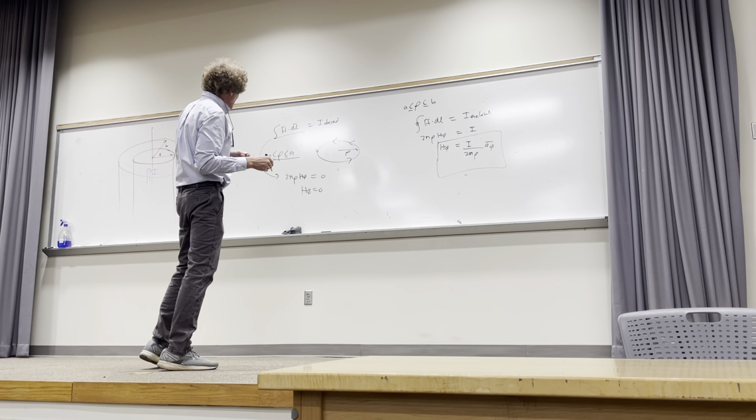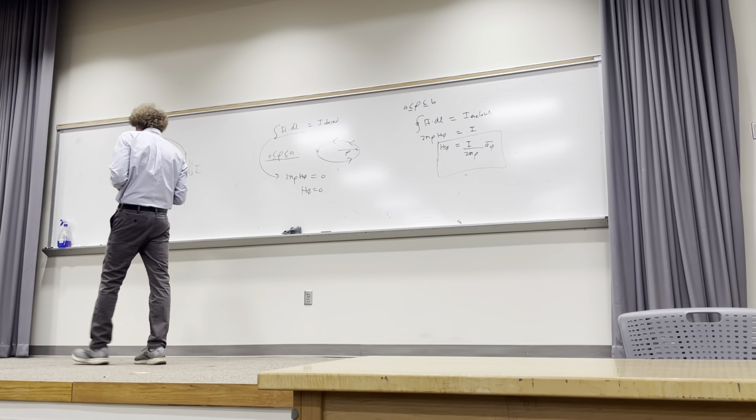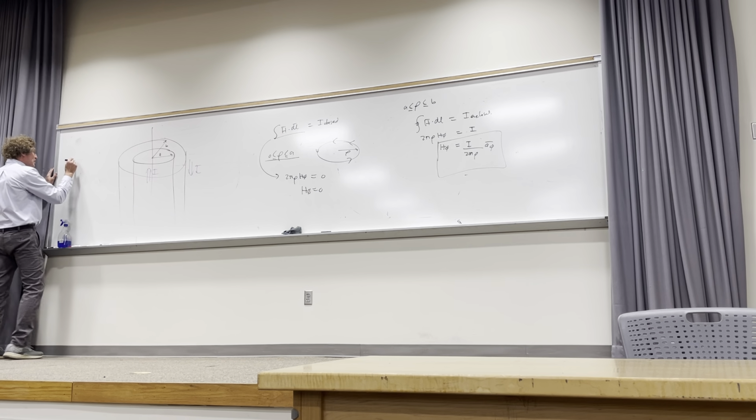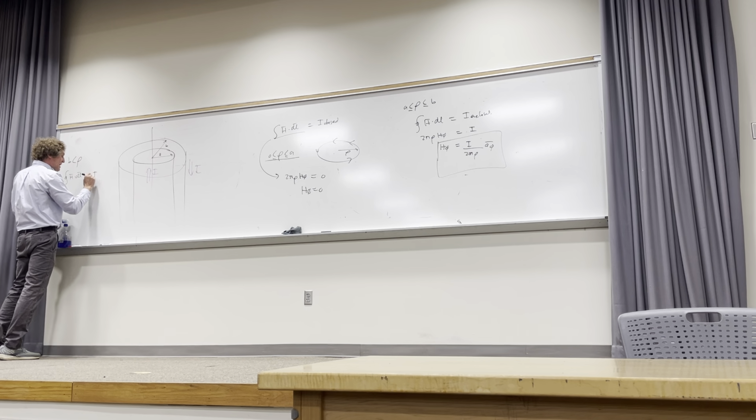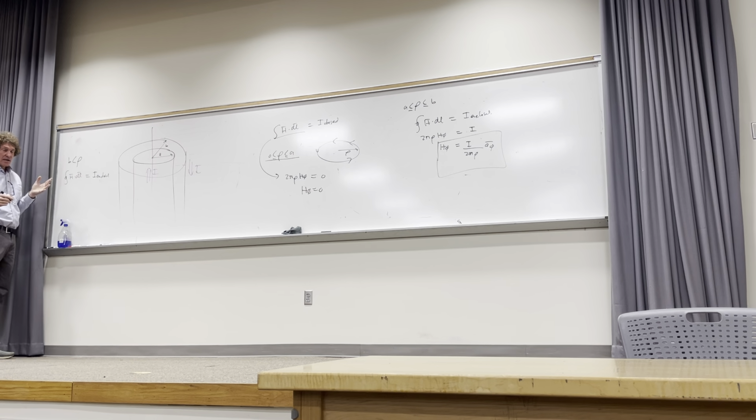Finally, the last part, when we're at a distance rho greater than B, still the integral of H dot dl around a closed loop is equal to the I enclosed. Here it is not twice I, right?